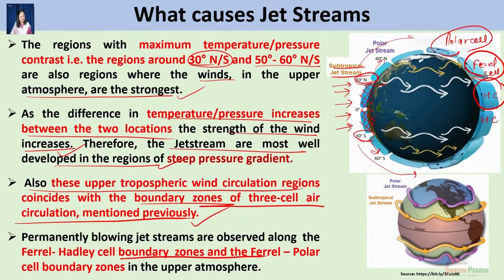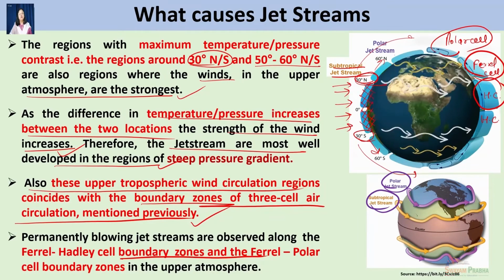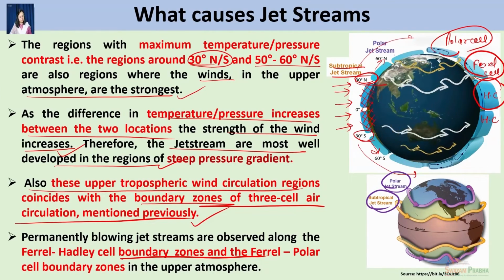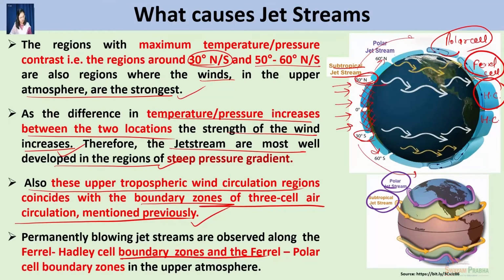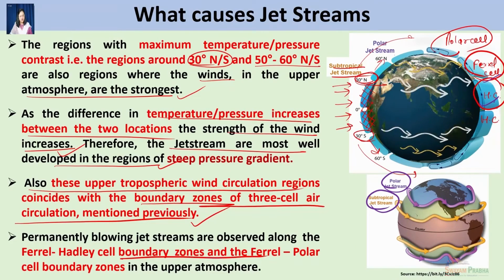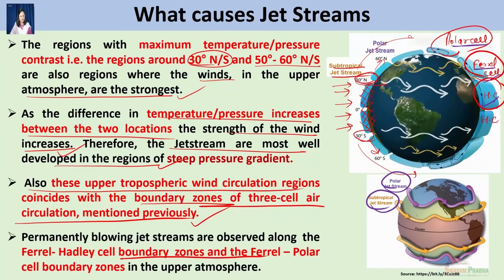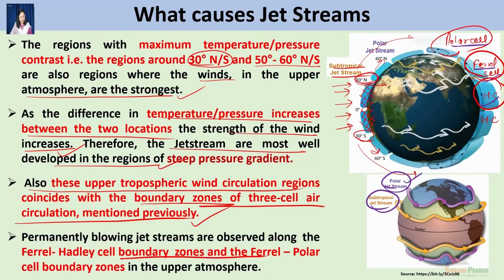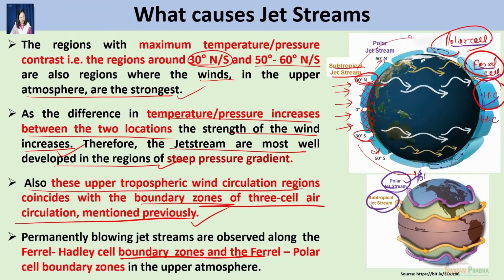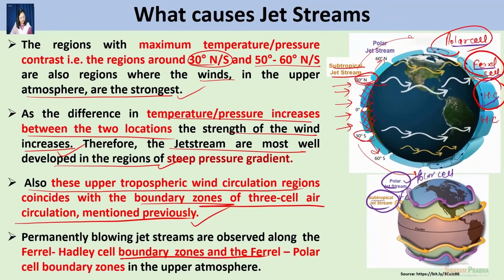So two very distinctive permanent jet streams which are located in the upper troposphere are found along the boundary zones of the circulation cells, in both the hemispheres. You have the polar jet stream between the polar cell and Ferrel cell, whereas you have the subtropical jet stream between the Ferrel cell and Hadley cell.